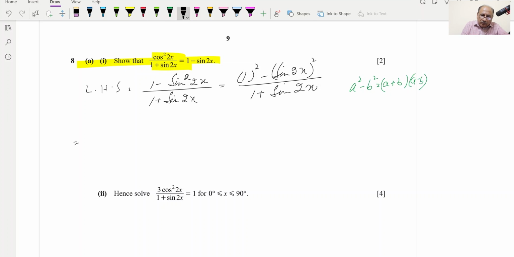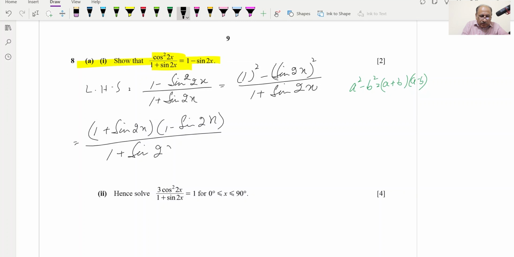The same formula we will apply here, and we will write 1 plus sine 2x and 1 minus sine 2x, divided by 1 plus sine 2x, and we can cancel this one and this one.